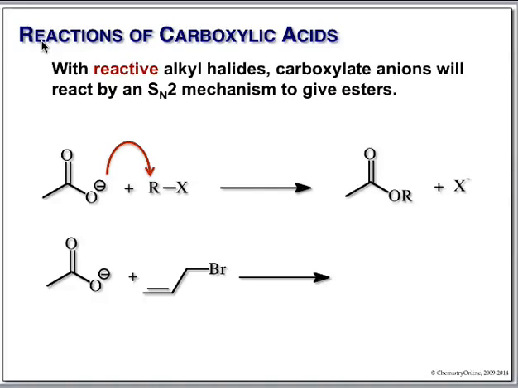The O- will attack the allylic carbon. Bromine will leave, and we will make the ester. This is the allylic carbon. Here it is, simple SN2 reaction.